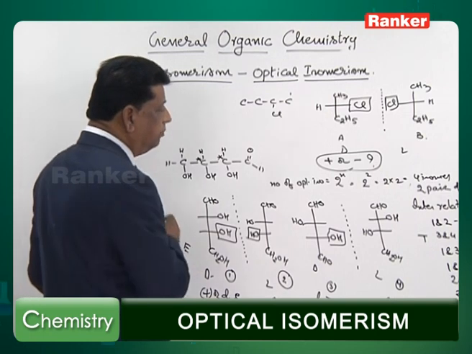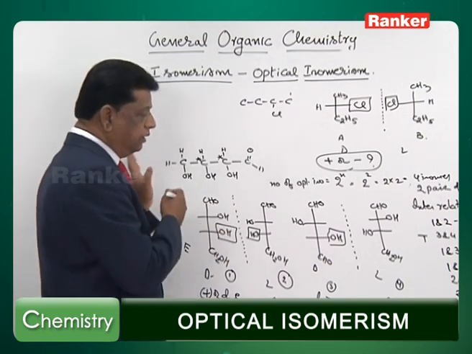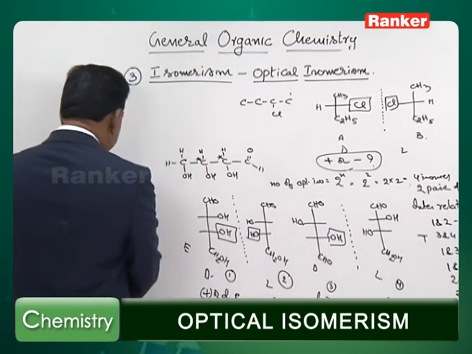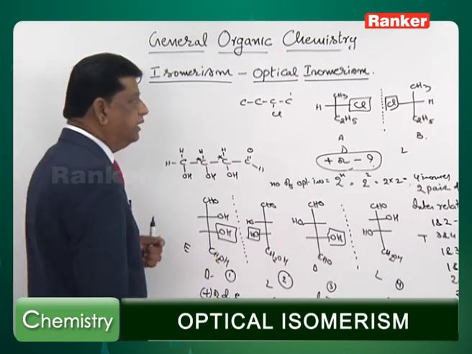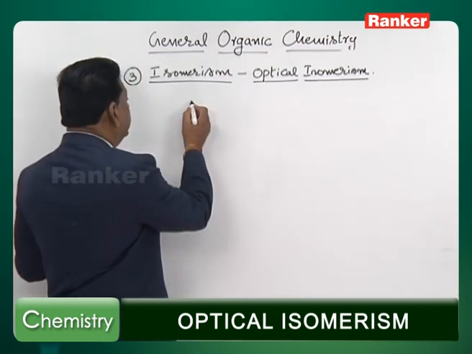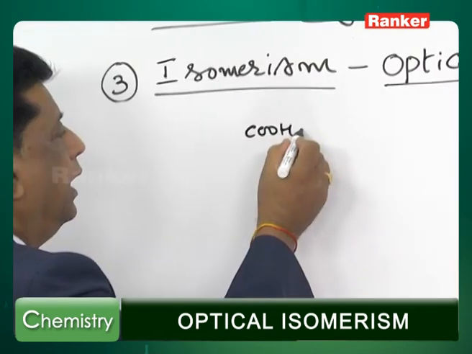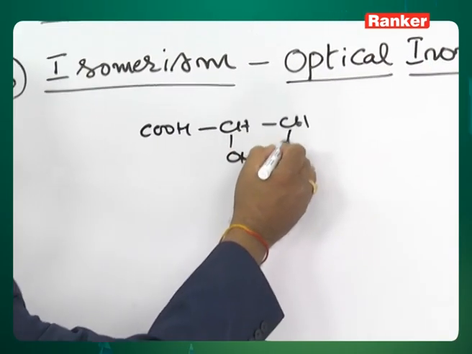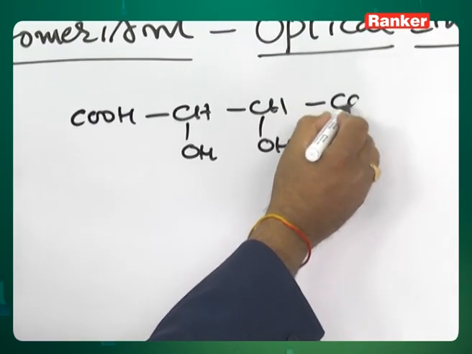Like this, with the number of chiral carbons, we can calculate what type of chiral carbons are there and how many isomers we get. But let us have another type of example. Now we will take another specific example: a COOH group, a CHOH, another CHOH and a COOH.